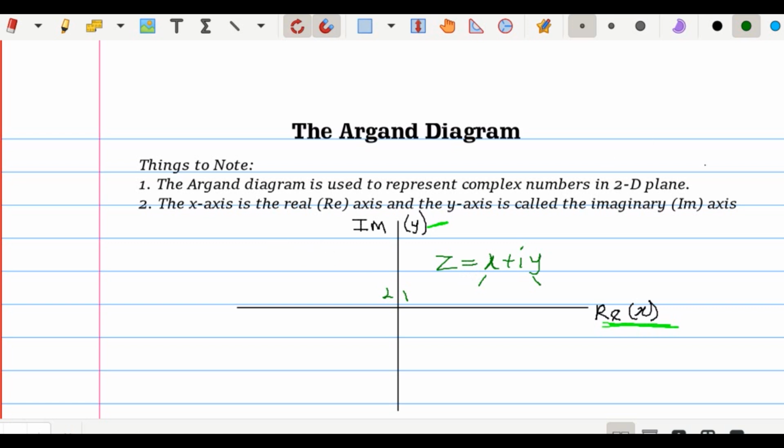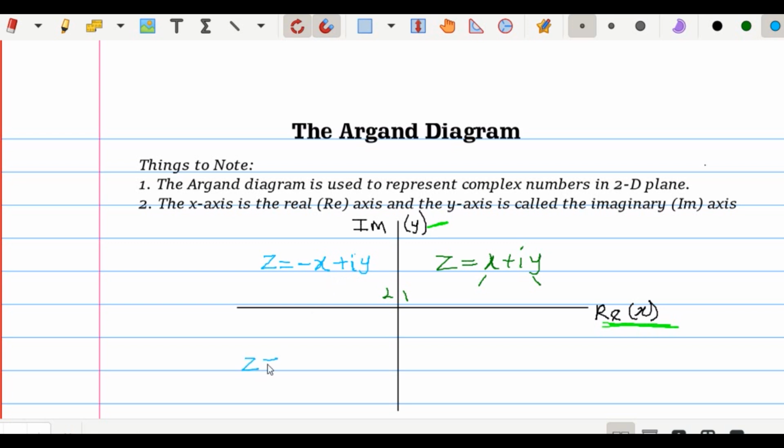And if the complex number is of the nature minus x plus iy, then it would be in the second quadrant.